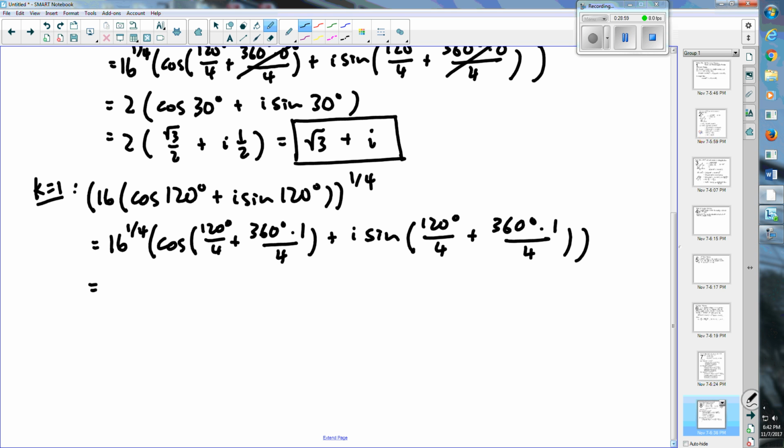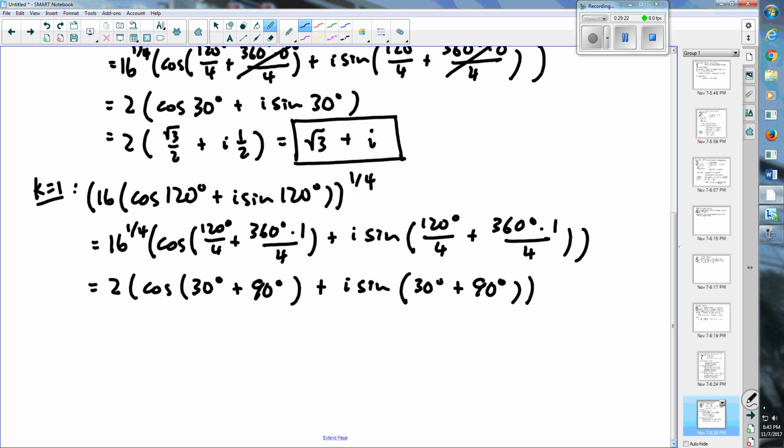So 16 to the 1/4 power is 2, and the cosine of 120 over 4 gives us 30 again, plus 360 over 4 is 90, plus i times the sine of 30 degrees plus 90 degrees.